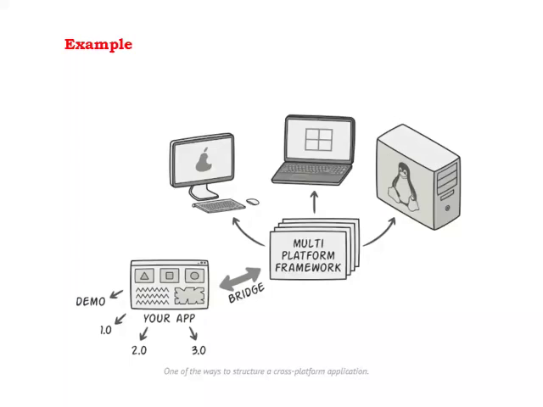Abstraction is the GUI layer of the app, and the implementation is the operating system's API. So here the abstraction object controls the appearance of the app, delegating the actual work to the linked implementation object.